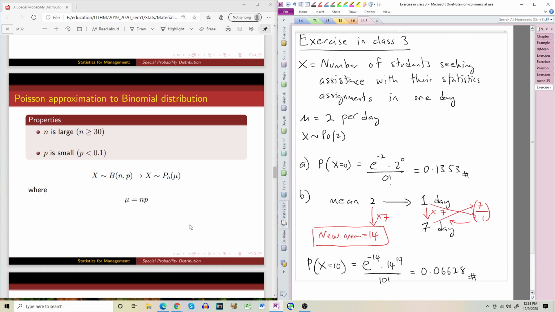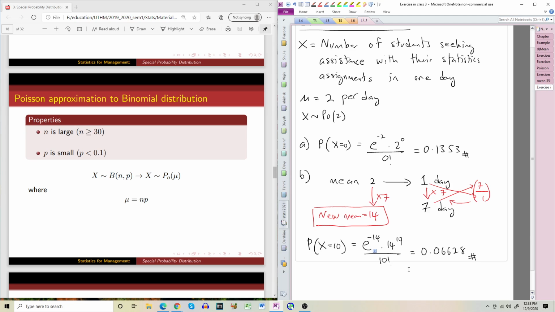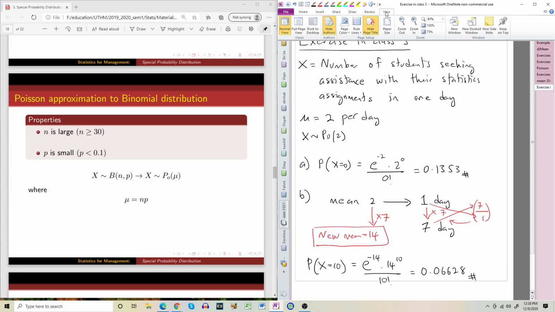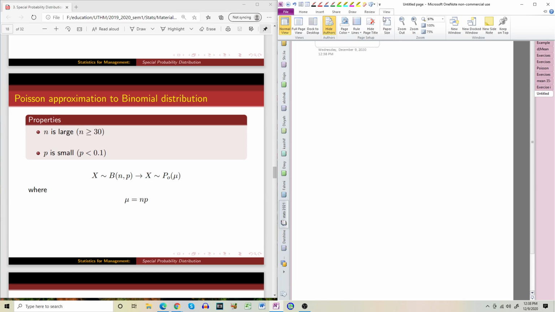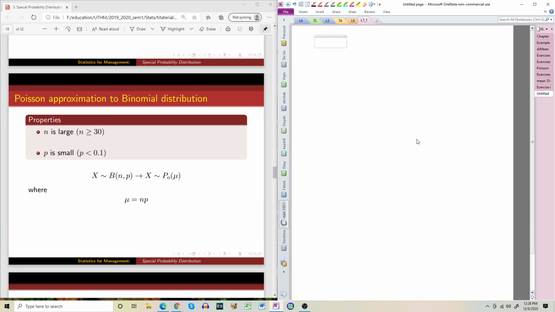The last part for today is Poisson approximation to binomial distribution. So what is this? I'm going to a new page. Actually the title is Approximation.